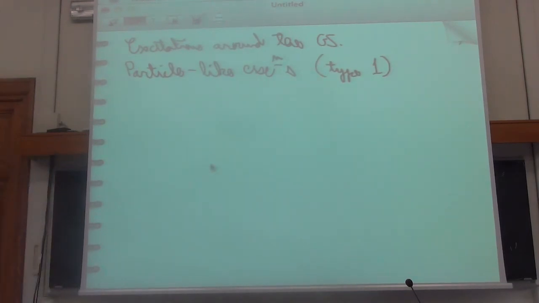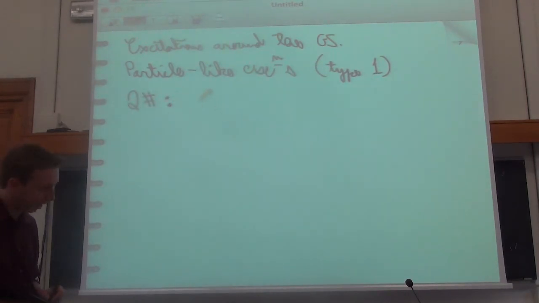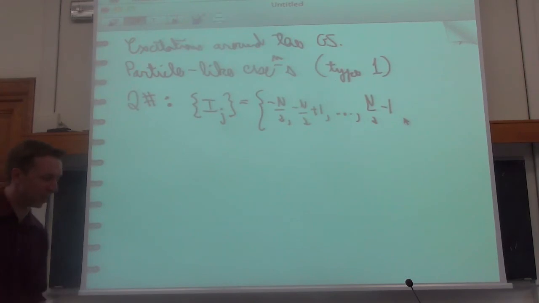Okay, so let's consider particle excitations, and now what we're going to do is consider a state with quantum numbers as follows. We will take the I_j to be equal to minus n over 2, minus n over 2 plus 1, etc., until we reach n over 2 minus 1. So this is like taking the n quantum numbers of the ground state and shifting them by a half integer.